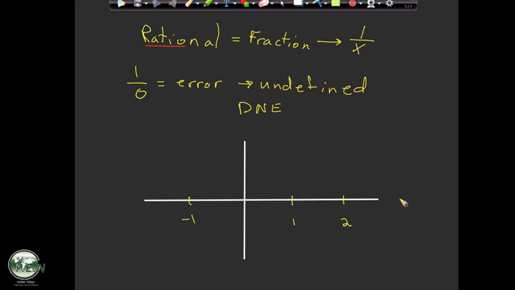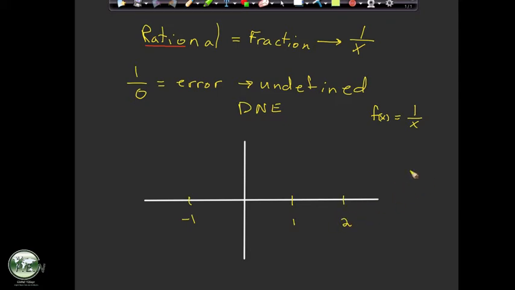So let's take this function f of x, or simply y, equals 1 over x. Now what if we plug in 2 for x? What is 1 over 2? One half, right?